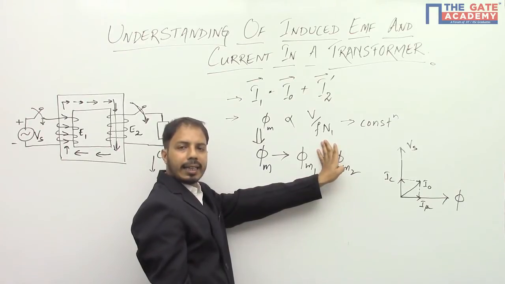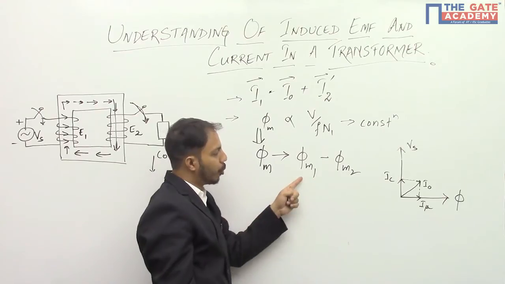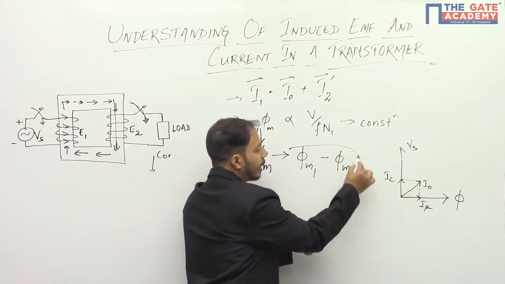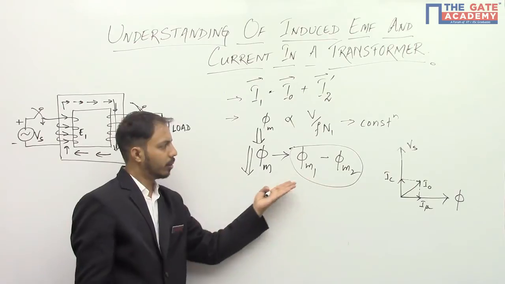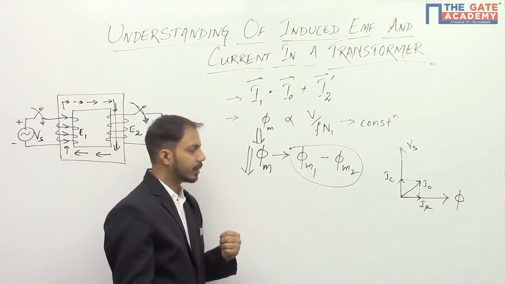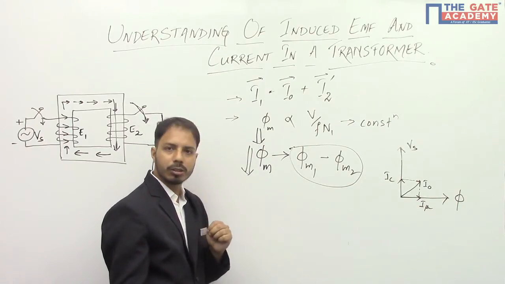Now the moment I connect the secondary, there will be a secondary flux which is going to oppose the flux produced by the primary. Due to this, this flux reduces because it's in the opposite direction. But this flux is constant, so it cannot reduce.